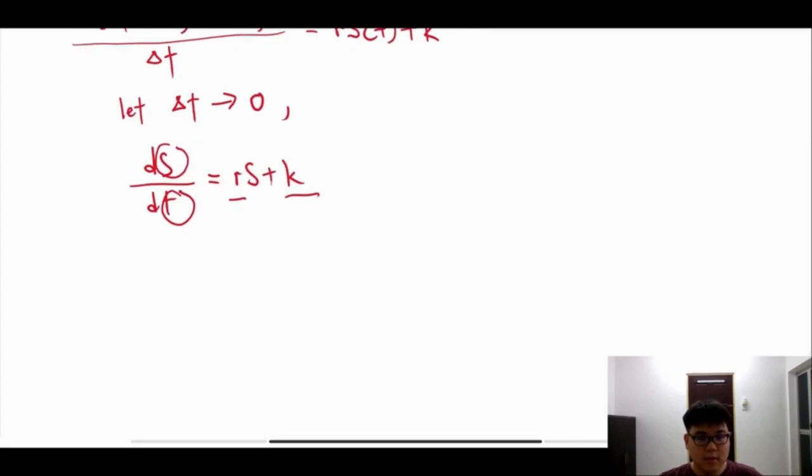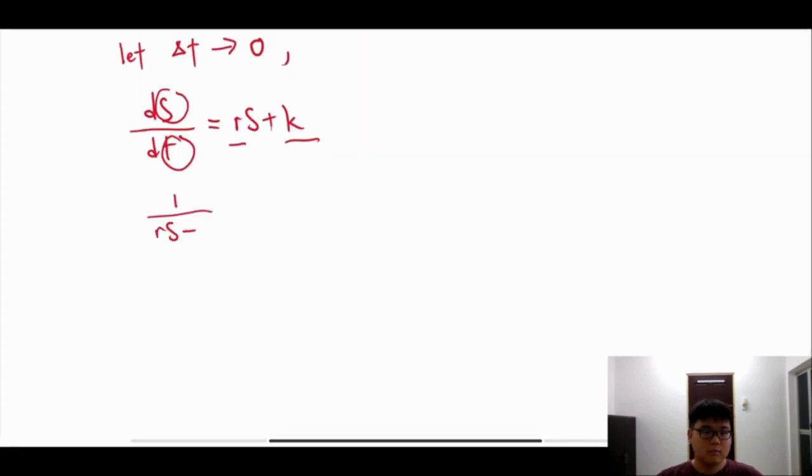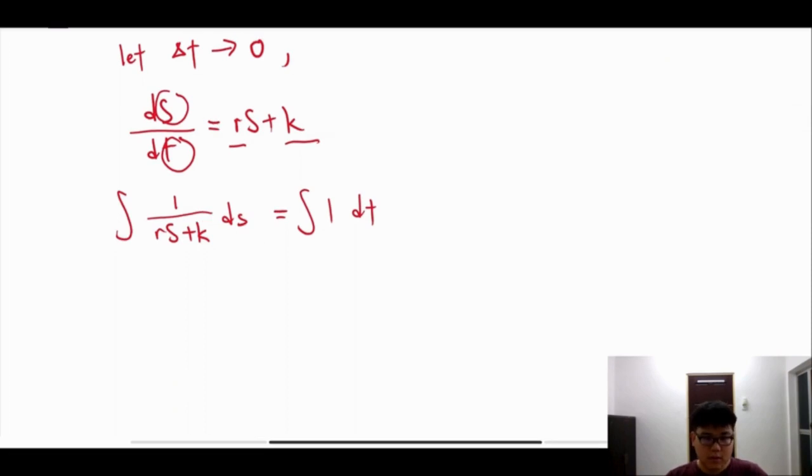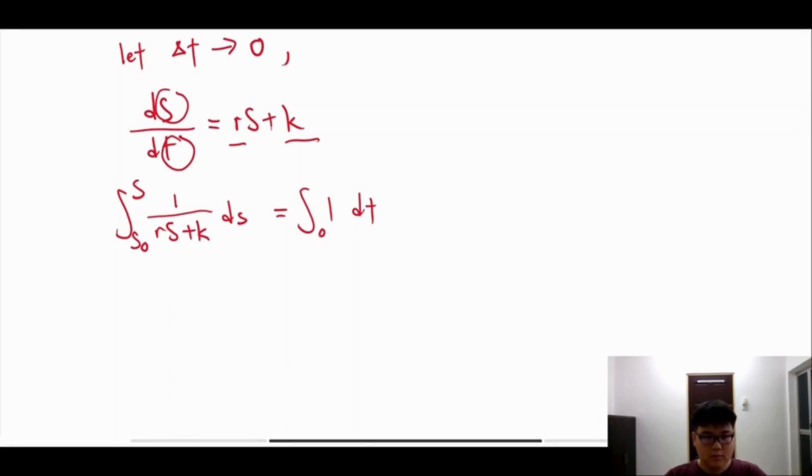Let's solve this equation with what we learned. Now, let the S when time just begins be S0, and the S when time is up be S. And here we simply start at 0 and end at time t. We may start integrating it now.